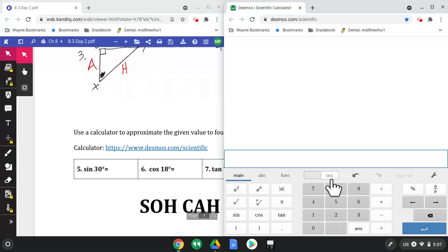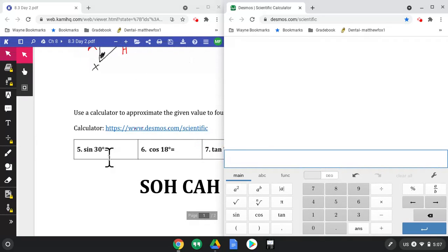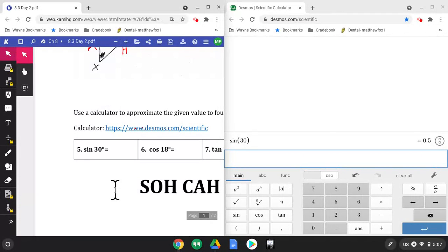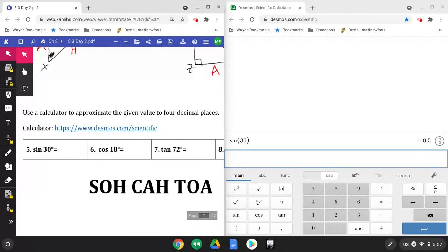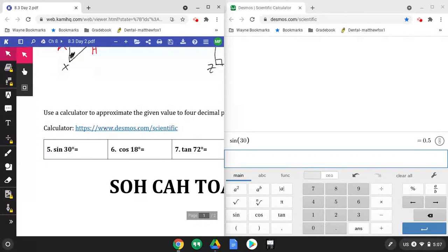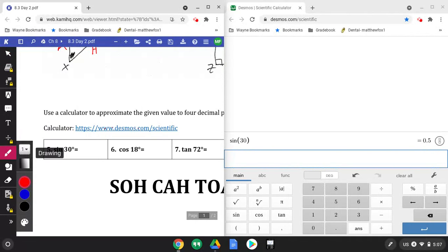But the good news, once again, is anytime you click it, it'll open up into degree mode. So, right here, sine of 30. All you have to do is either hit this button, sine of 30, close it, and hit enter. And we'll see that it's 0.5. Now notice in our directions it says to approximate to 4 decimal places. This one's 0.5, so that's all we have to do.